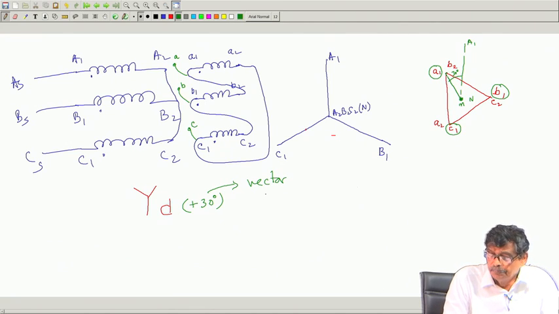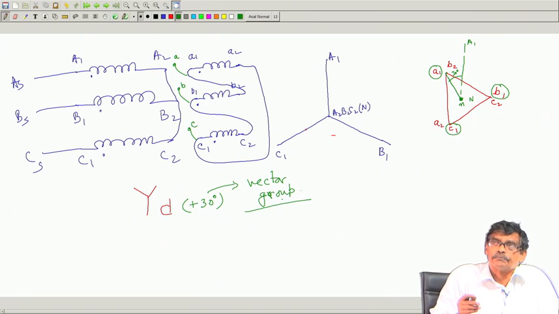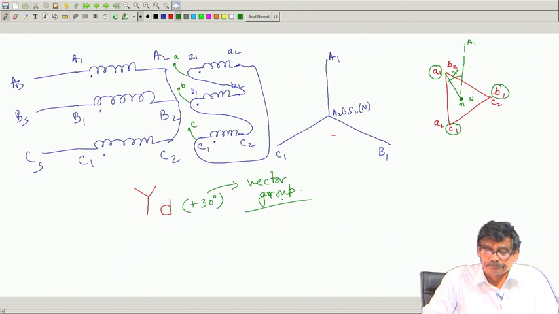This vector group is also specified in terms of some clock, minute hand and hour hand. That also I will discuss next class, but I hope you are understanding the idea.